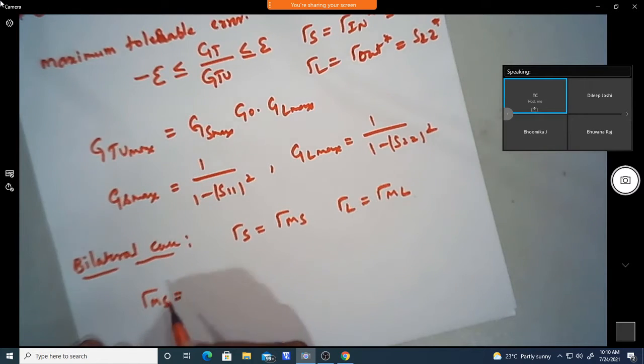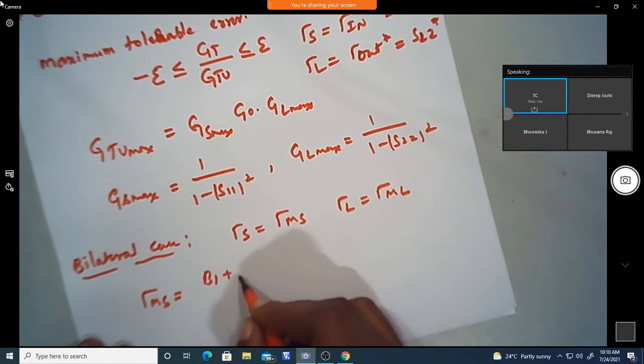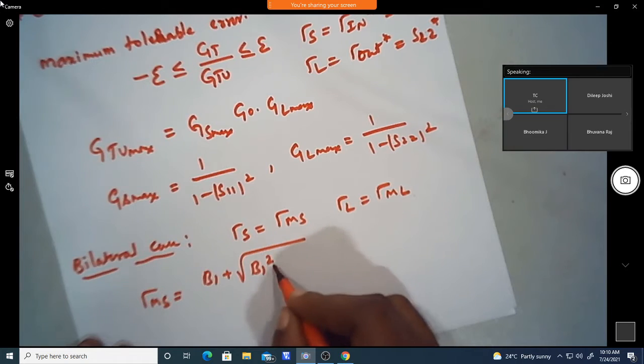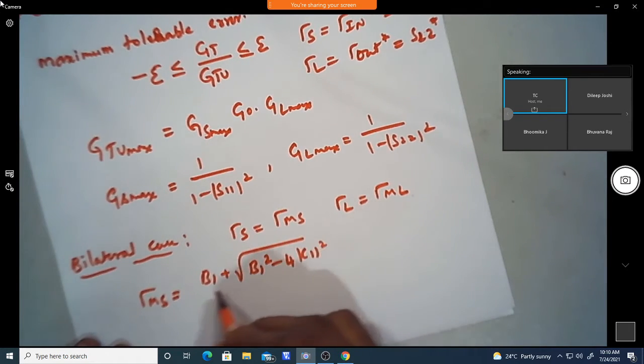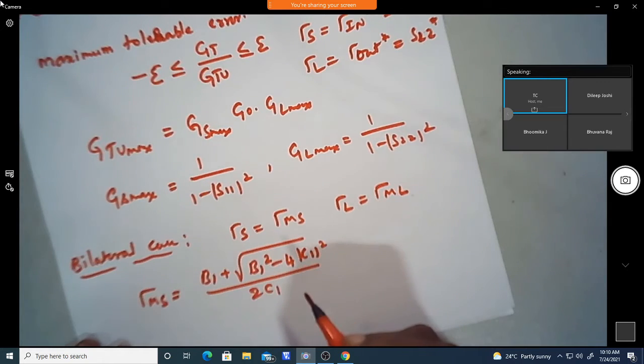Gamma MS we can write as B1 plus or minus square root of B1 squared minus 4 |C1|², divided by 2 times C1.